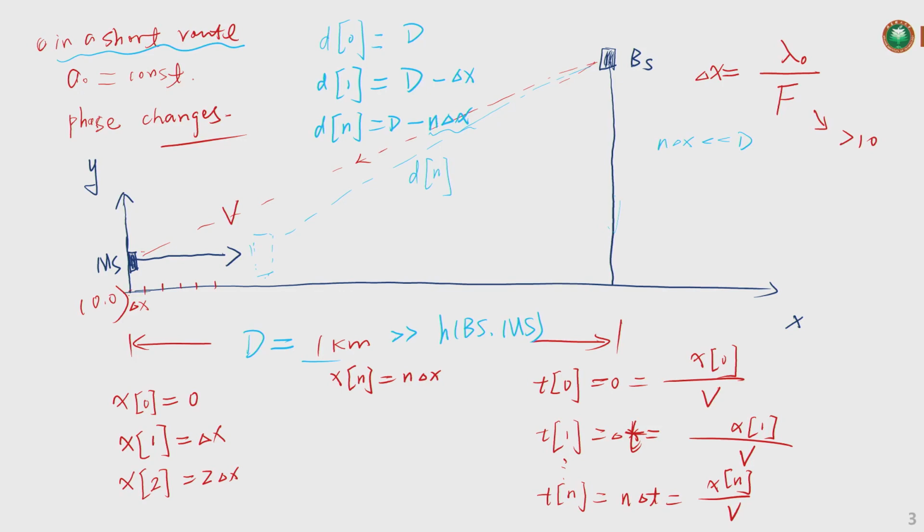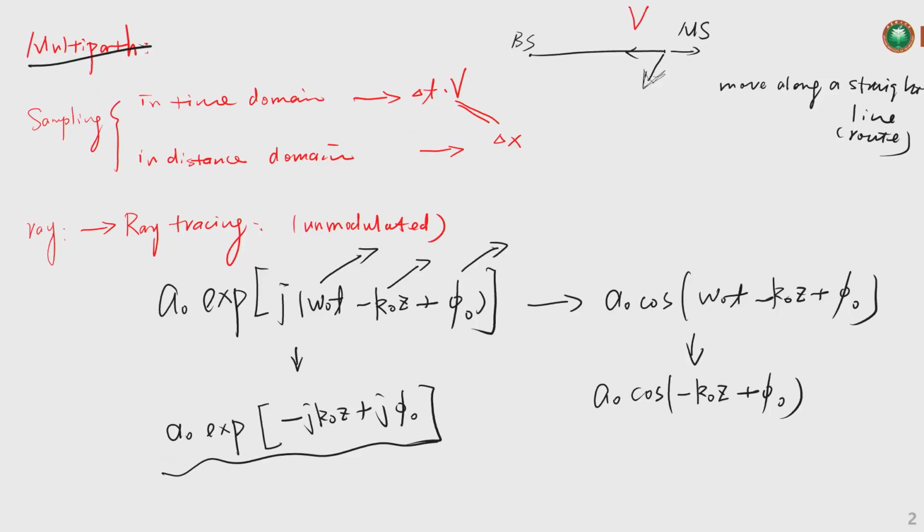Now we come back to the expressions for this part. Theta is related to the distance between the transmitter and the receiver, so theta can be replaced by d_n.